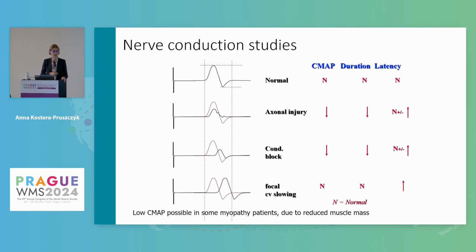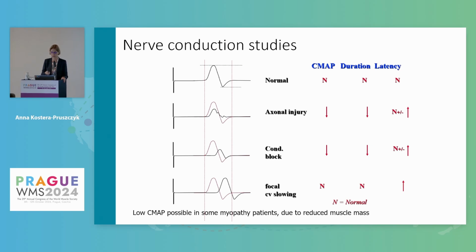Also, the nerve conduction studies can give us a very nice insight into what happens to the motor and sensory large myelinated nerves. And of course, we look for either proof of axonal injury, which will be most pronounced in the long nerves, lower extremity nerves more than the upper extremity nerves, or for conduction block, which might occur in some hereditary neuropathies, but it's really a hallmark of acquired neuropathies.